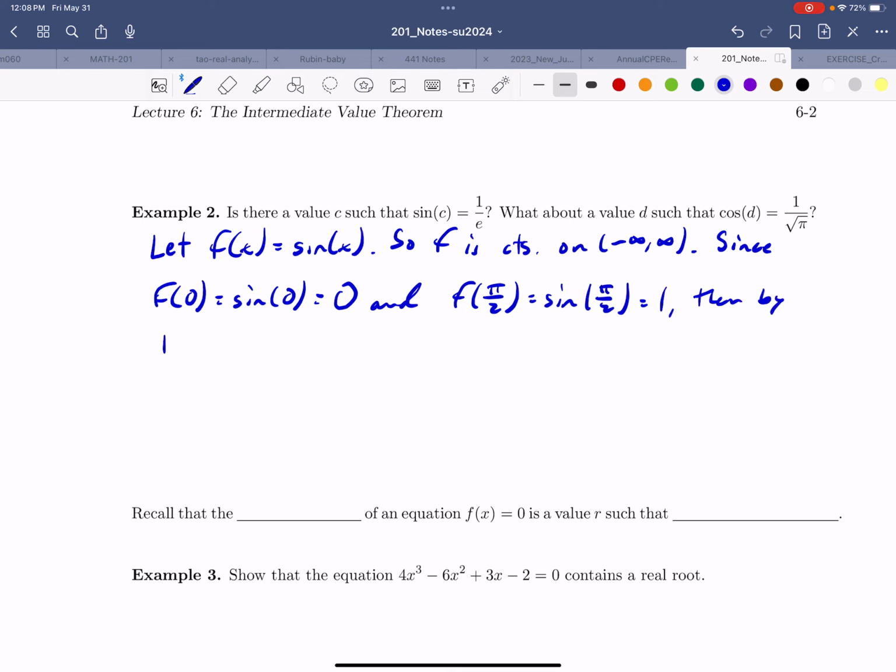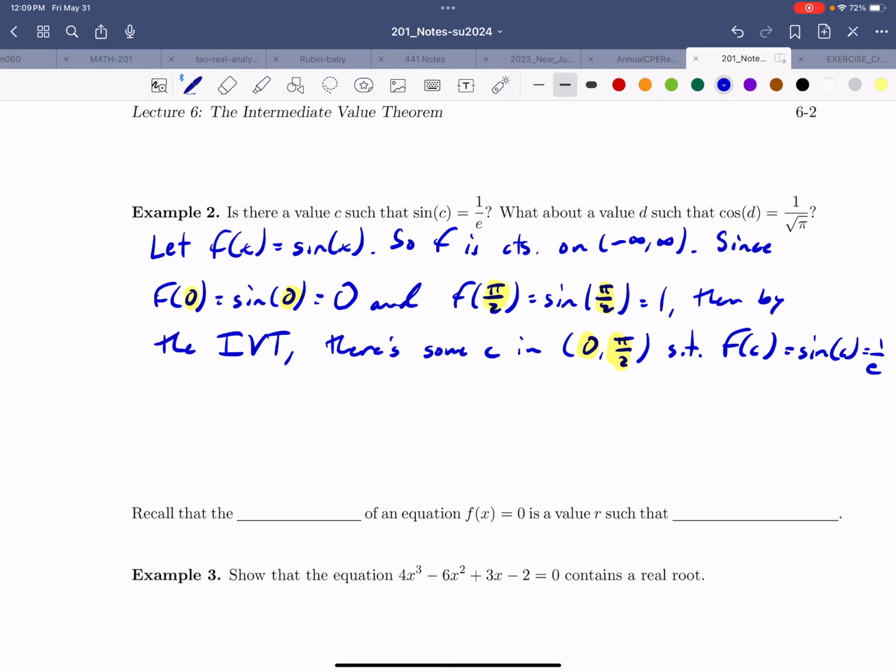Then by the intermediate value theorem, there's some c, and we actually know that it's in the interval 0 to pi over 2, such that f of c, which equals sine of c, equals 1 over e, because 1 over e is between 0 and 1.